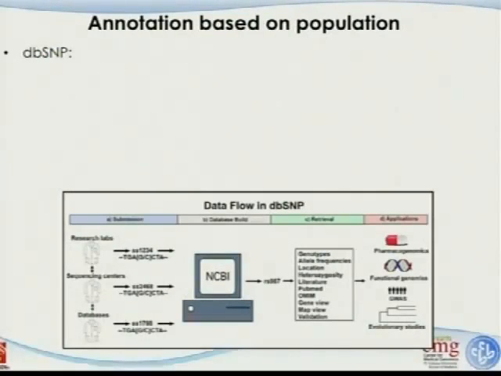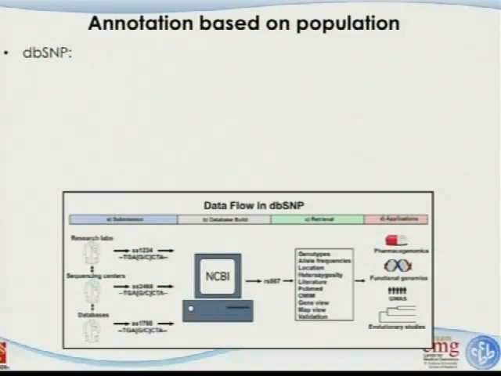And the second general category is the annotation based on populations. So we will talk about dbSNP. You can see that this figure tells you the data flow in dbSNP: this is the submission process, and the data will be hosted at NCBI, followed by retrieval and applications.